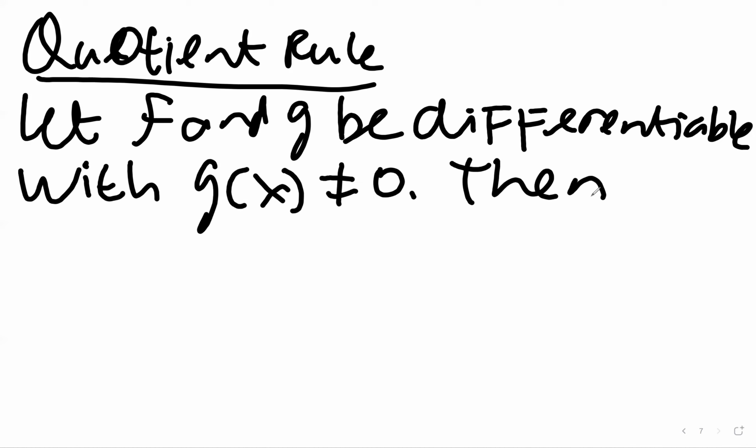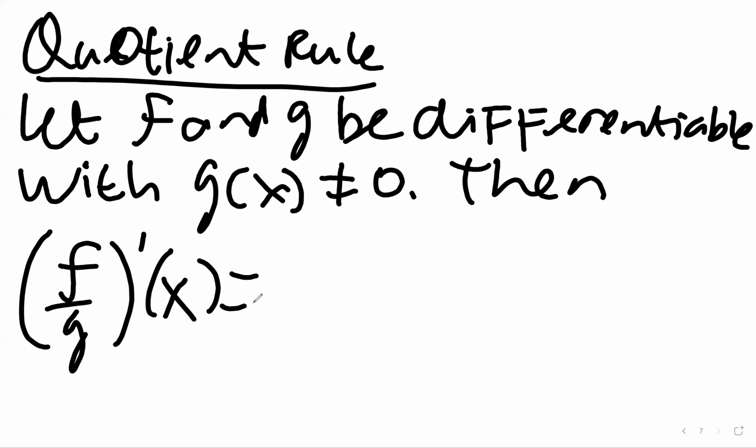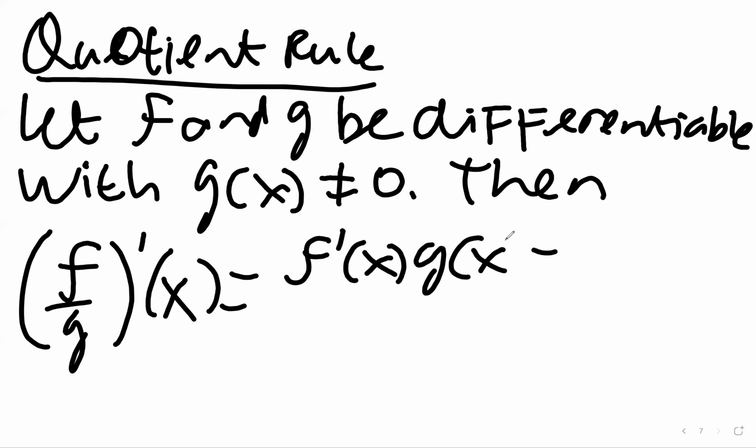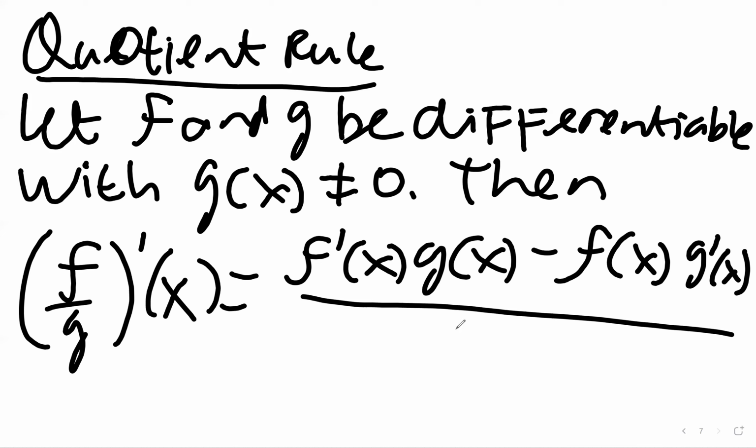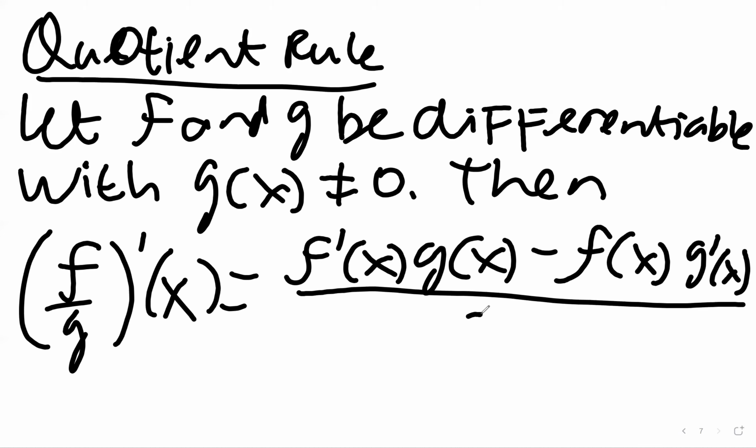Then the derivative of f over g, at x, becomes f prime of x g of x minus f of x g prime of x, divided by g of x squared.